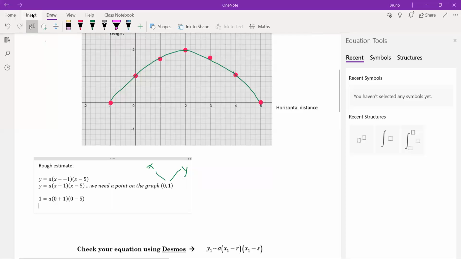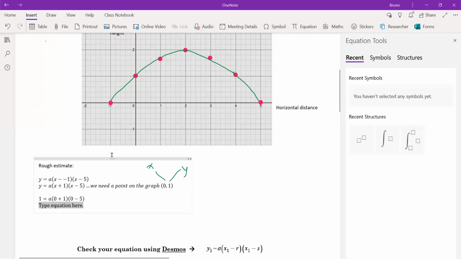Again, I'll insert another equation here. 1 equals a times 1 times negative 5. So that leaves me with 1 equals negative 5a.